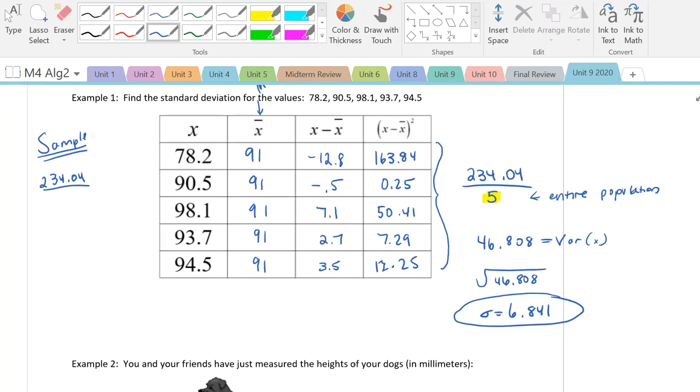So instead of over 5, I would have it over 4. So 234 over 4 gives me 58.5, and then I square root that. Now, 7.649. If you notice, I'm going to call that s, because that's the standard deviation of a sample.